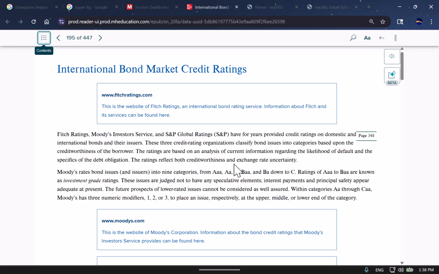Either they sit down with the debt holders and the company, they agree on some sort of payment schedule, or they say, okay, we're going to sell off the assets of this company and distribute to creditors. Or they could do debt equity swaps.